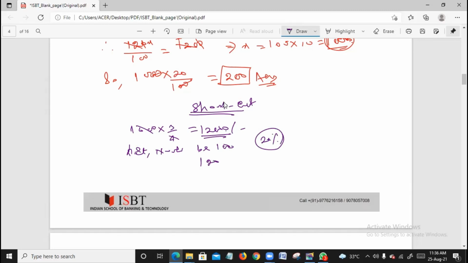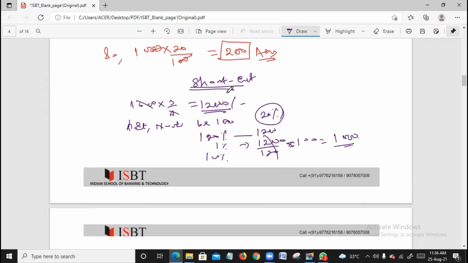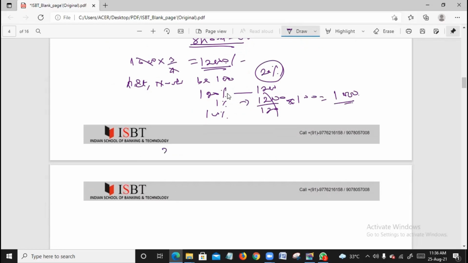That is 120%. So 120% is 1200. 1% is 1200 divided by 120, and 100% is that into 100. That means 1000. The original number is 1000. Now we can find 20% of 1000, which is equal to 200. Okay, this is the shortcut method.